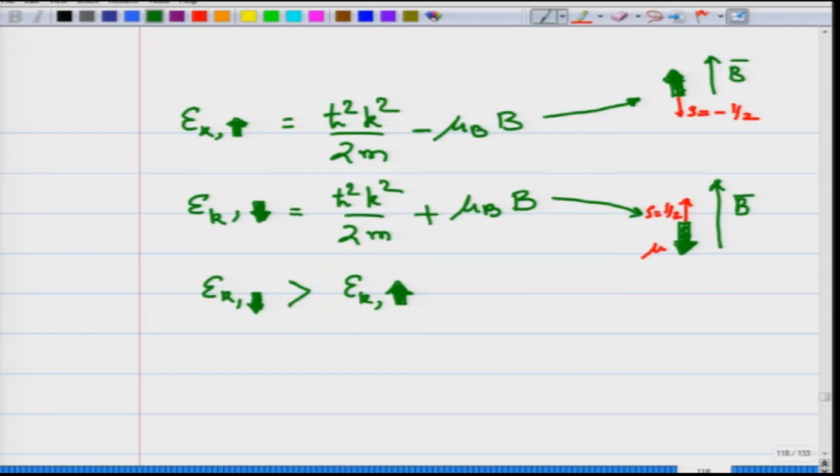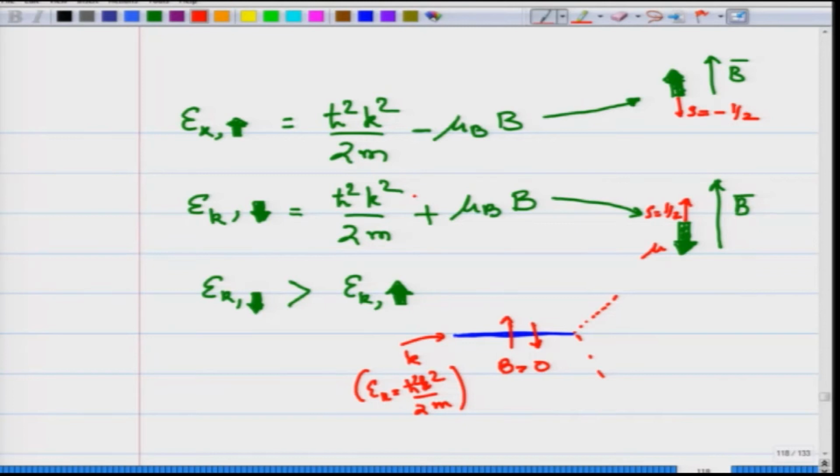Okay. So this is exactly where we had drawn this picture, that for a given k state, I am just restating this. The k state for B equal to 0 has an energy E_k, h cross square k square by 2m, which is identical for both the spins, because then you do not have this term. But the moment you apply a magnetic field, this state splits with respect to h cross square k square by 2m.